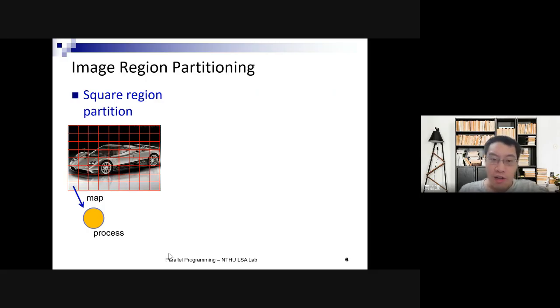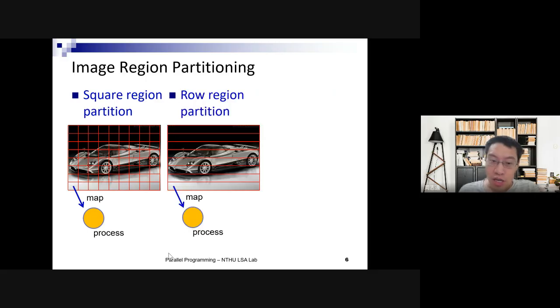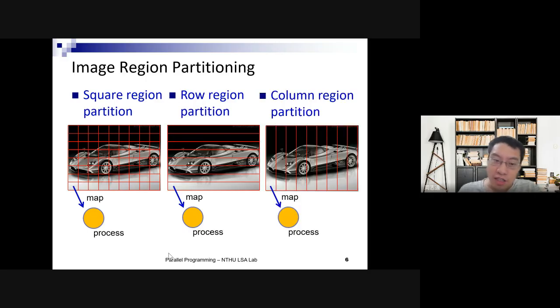Also, another thing related to partition is that it might affect the communication or the management effort during your parallel processing. For example, over here, you can see this image. We can partition it in squares, in rows, or in columns.